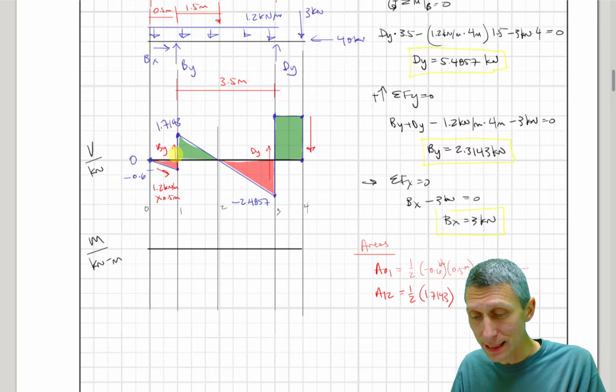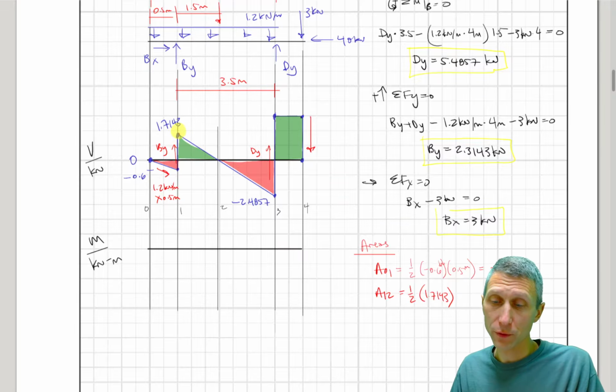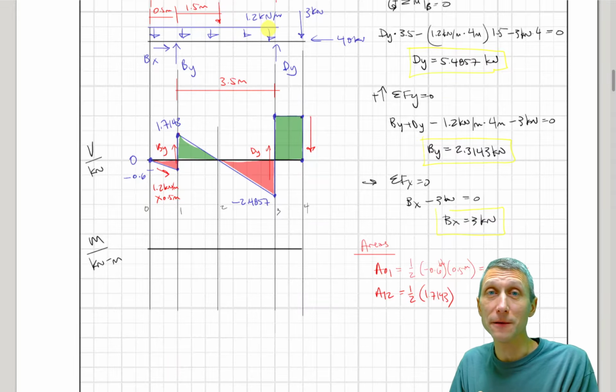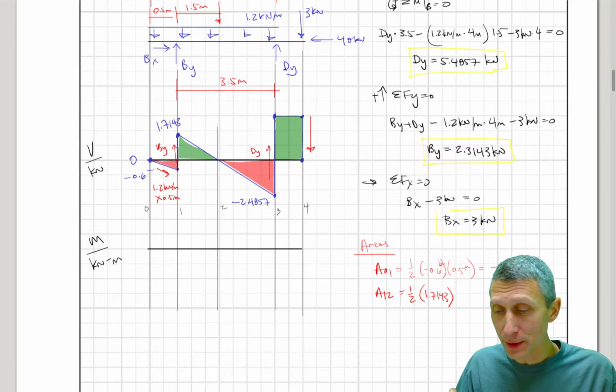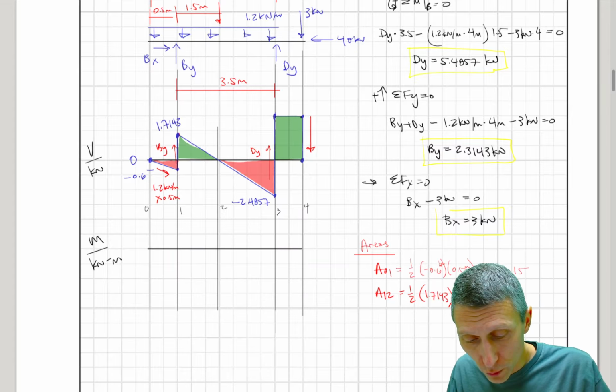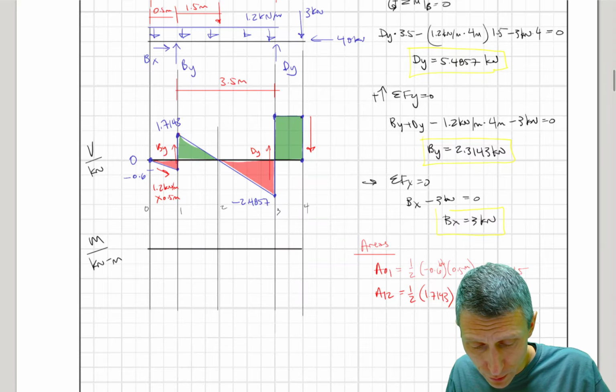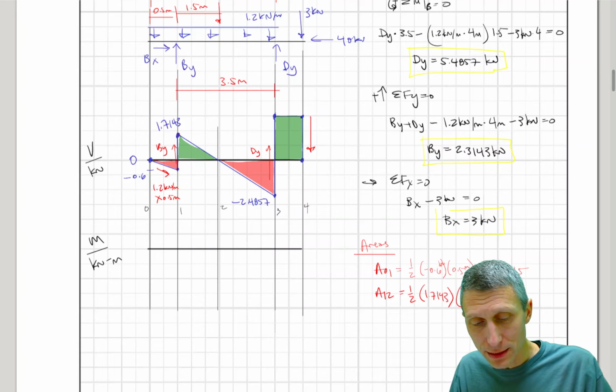To get this distance, we have to think rise and run. The rise is 1.7143. The run is this 1.2 kilonewtons per meter. That's the slope, how much this is changing. So I'm going to do 1.7143 divided by 1.2 kilonewtons per meter, and that gives me the distance for that triangle.